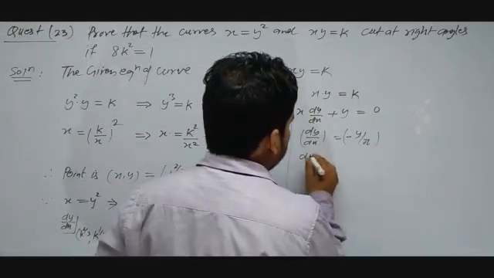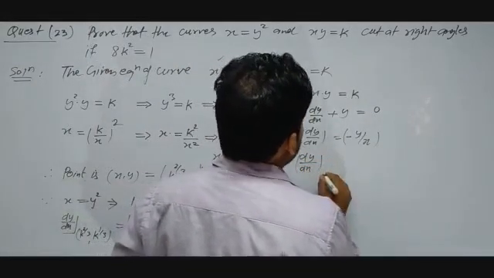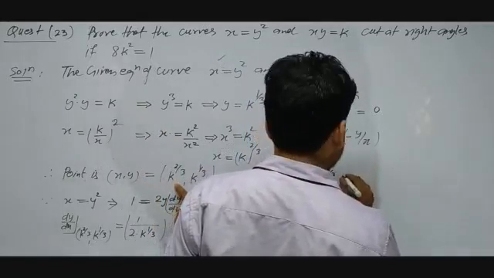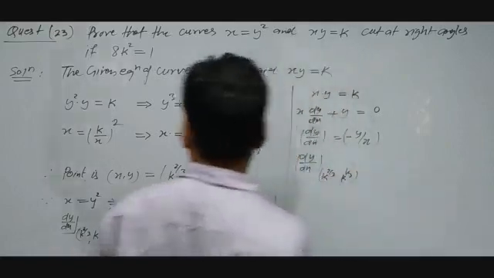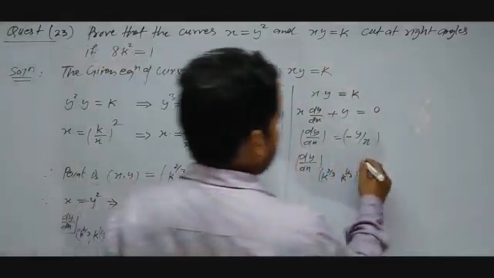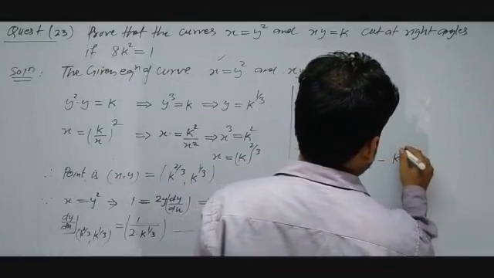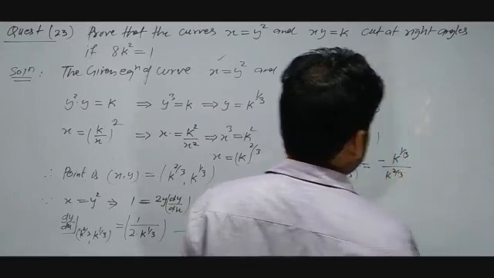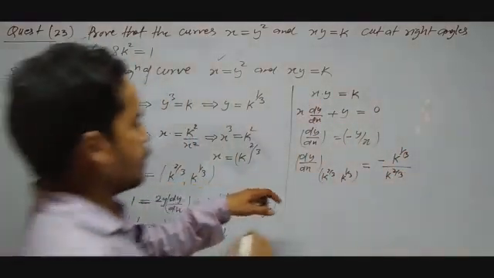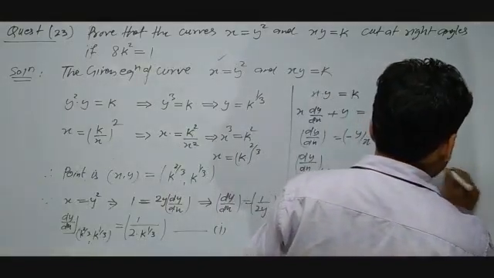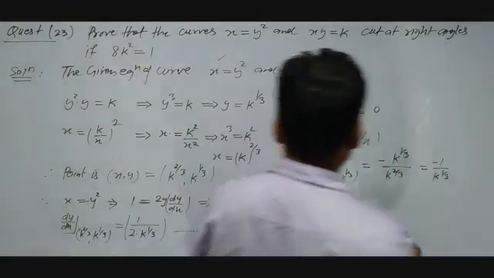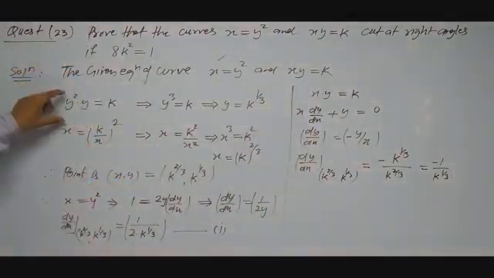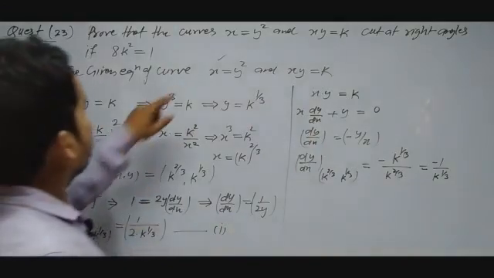So dy by dx at (k to the power 2 by 3, k to the power 1 by 3), the result you will get is minus k to the power 1 by 3 whole upon k to the power 2 by 3, and the result you will get is minus 1 upon k to the power 1 by 3. This is the slope of the tangent to the curve xy is equal to k.